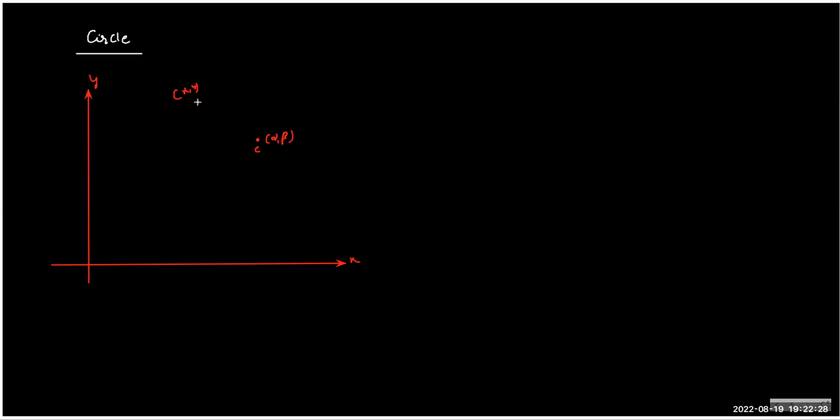The rule is the point has to move, but the separation should not change. Let the separation be r. That should not change. So definitely you have to move in a path which we call a circle as per the definition of maths. So any random point on this curve has a constraint, and the constraint is that you should not vary the separation from this point, which is a fixed point in the plane. So circle is what? It is the locus.